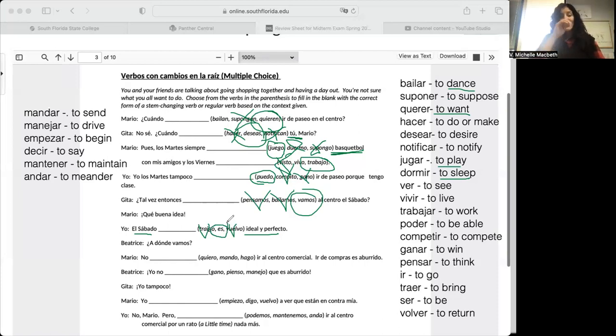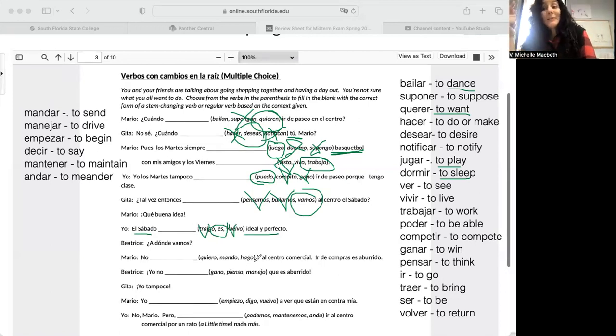So then they say, ¿a dónde vamos? No, quiero, mando, hago, ir al centro comercial. Ir de compras es aburrido. So now they're talking about what they're not going to do whenever they go to the city center. So they don't want, or they don't send, or they don't make, right?